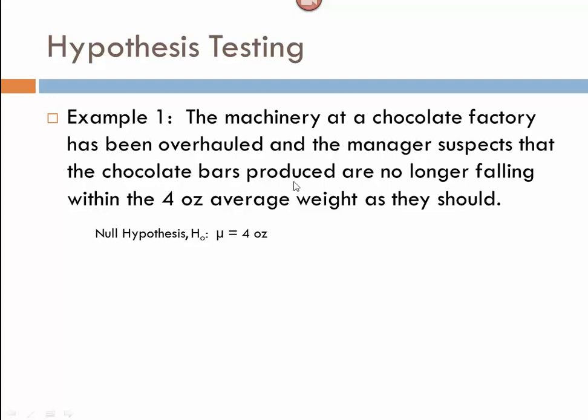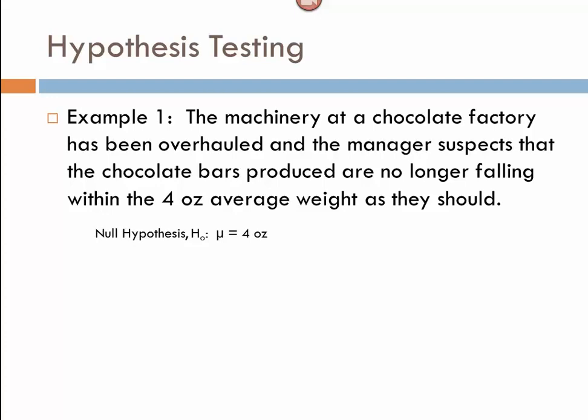If we look at the wording, it says the chocolate bars produced are no longer falling within the 4-ounce average weight as they should. So we know that what was happening before is that the chocolate bars are 4 ounces, but now we're either saying that they're less than 4 ounces, in which the manager would be concerned because then they could be committing fraud by saying that they're 4 ounces, and then secondly, they could be more than 4 ounces, which would also be a problem for them.